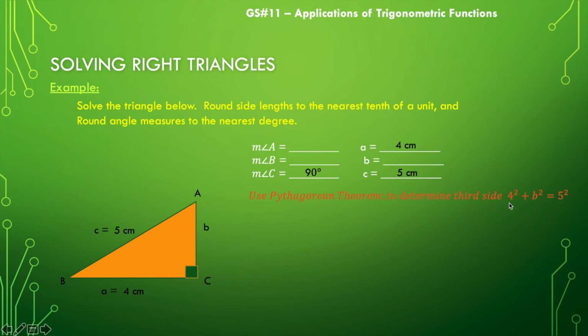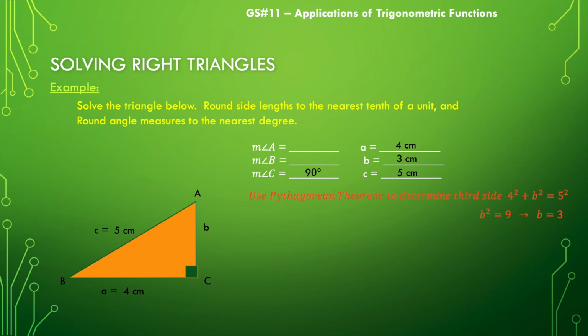And then one of my legs, and you could have put that either here or here, but since we've got these labeled as A and B, it made sense to put it here. So 4 squared plus B squared is equal to 5 squared, which means B squared is equal to 9. And so B would have to equal 3 centimeters. Okay, so let's go ahead and put that there.